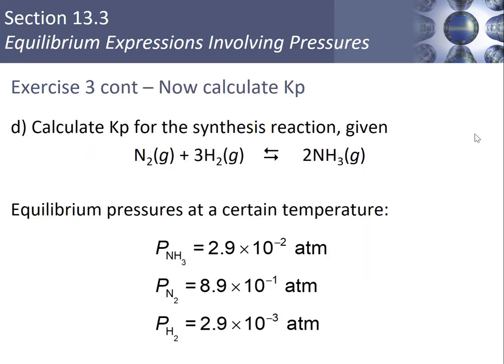Last but not least, for exercise 3, I would like to find out what the Kp for the synthesis reaction is if I give you those equilibrium pressures. Let's practice writing our Kp expression, plugging in these values.